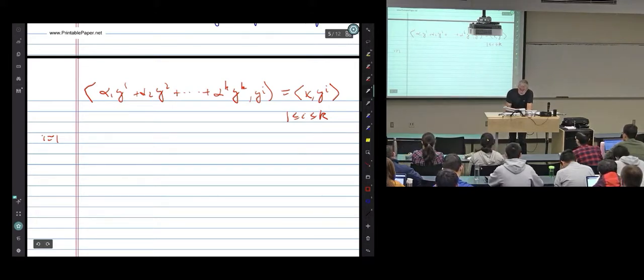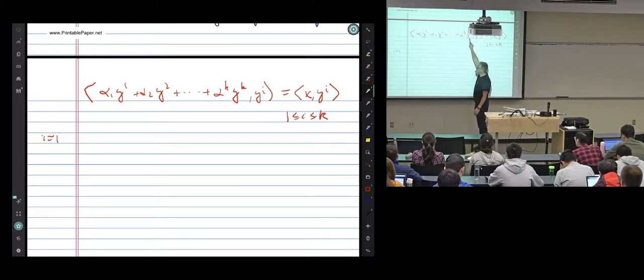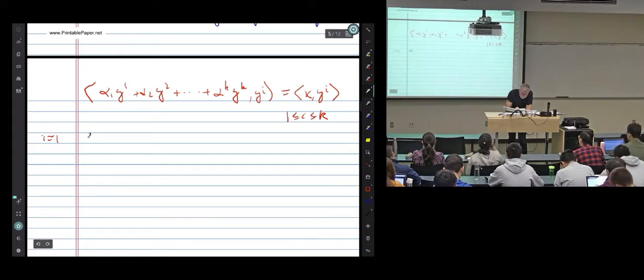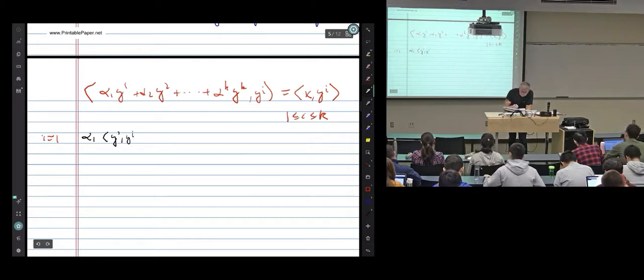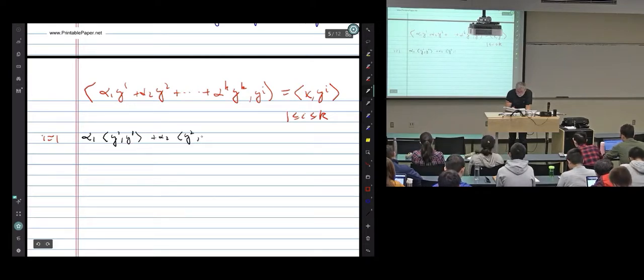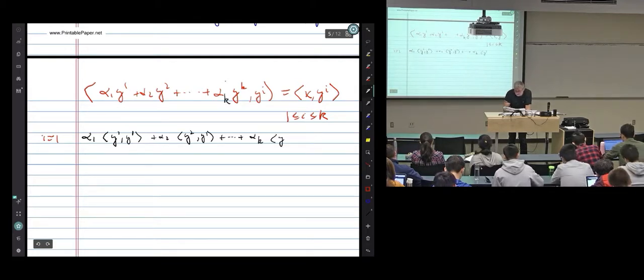Okay, so we have linearity on the left. So far, everything works for the complexes, but I don't care, okay? So everything is fine here. So I have alpha 1 times the inner product of y1 with y1, plus alpha 2 times the inner product of y2 with y1, plus dot, dot, dot, alpha k times the inner product of yk with y1, equals the inner product of x with y1.